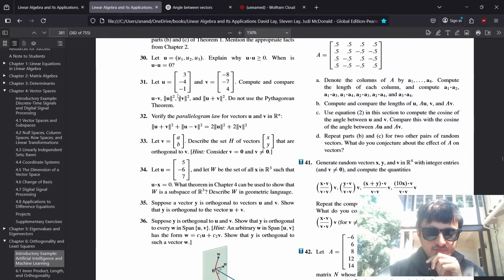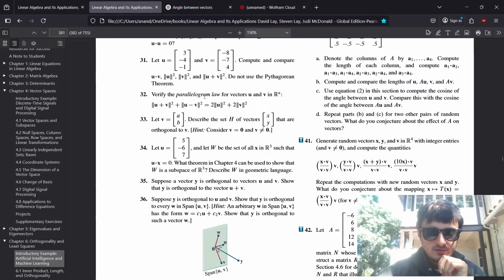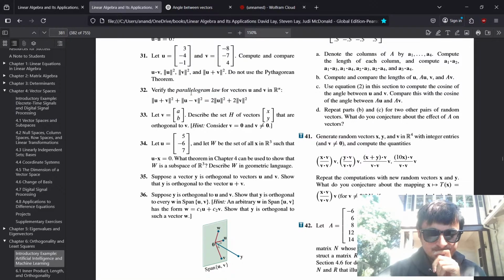Let U be this, we compare and contrast U dot V, U squared, compute and compare. I don't want to do that. Verify the parallelogram law. What is this saying?